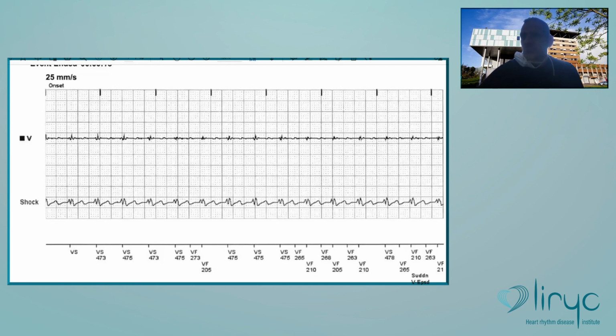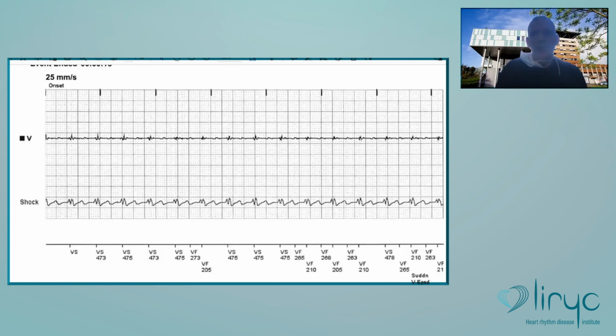First of all, when I saw this tracing, I did not know the clinical situation of the patients. I had reviewed all the tracings coming from Boston, so I saw some tracings without any clue about the clinical situation of the patient.